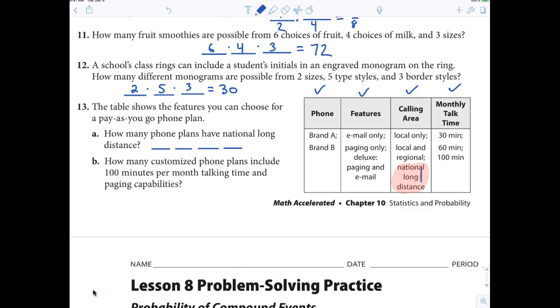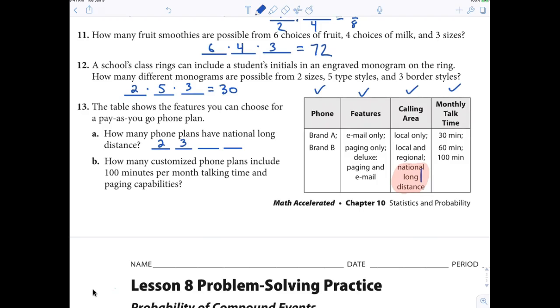How many styles of phones can you choose from? 2. Features. Does everybody agree with 3? 3, right? And how many calling areas? 1. Thank you.